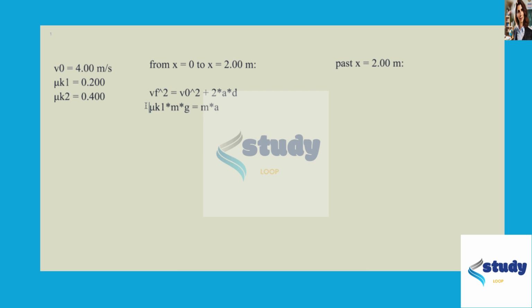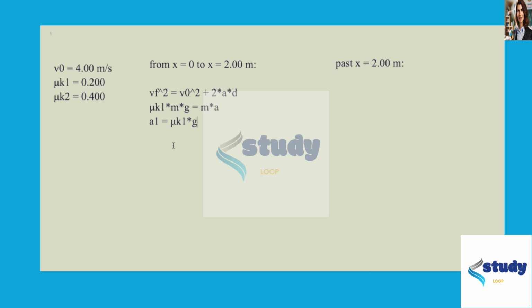The factors of m cancel out, giving the acceleration equal to mu k1 times g. This is the acceleration for the first part, so I'll call it A1.